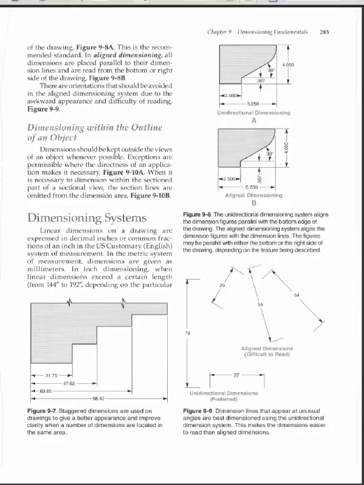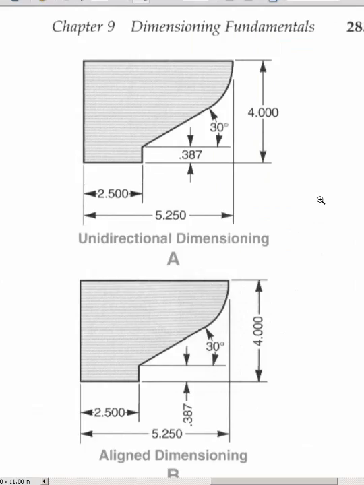Now we have a couple concepts coming up. The dimensioning systems themselves, the difference between what we refer to as unidirectional or aligned. And let me give you an example here of what that means. Aligned dimensioning means that you align the text of the dimension with the surface or feature that you're dimensioning.